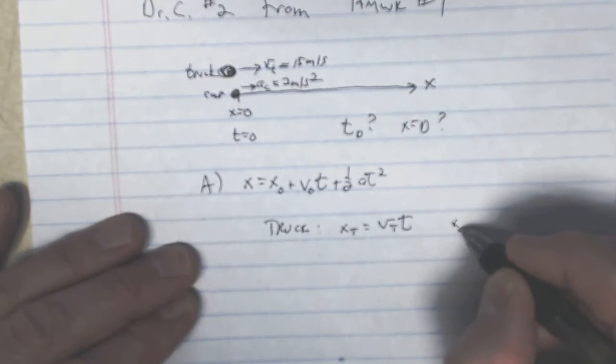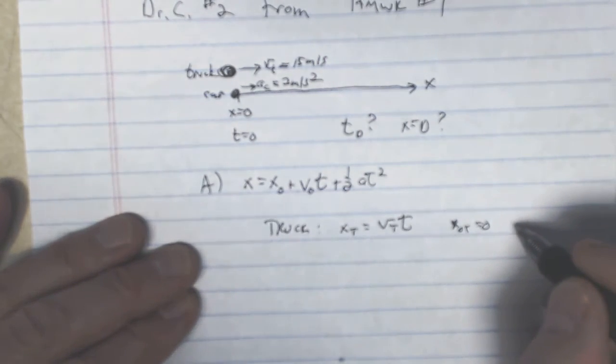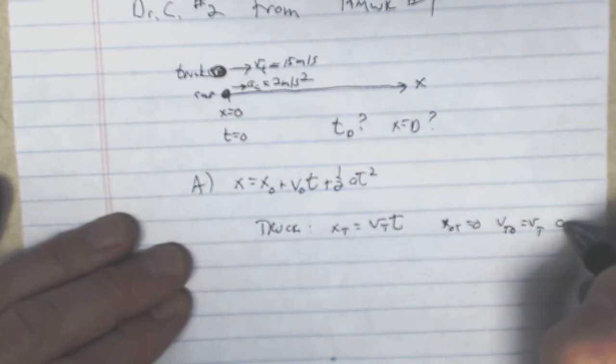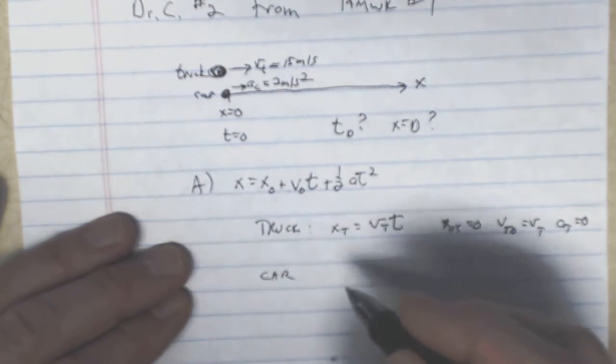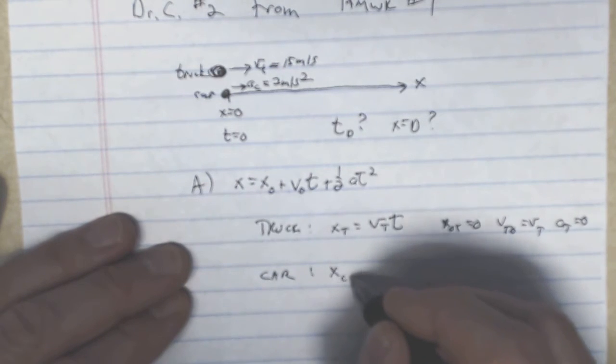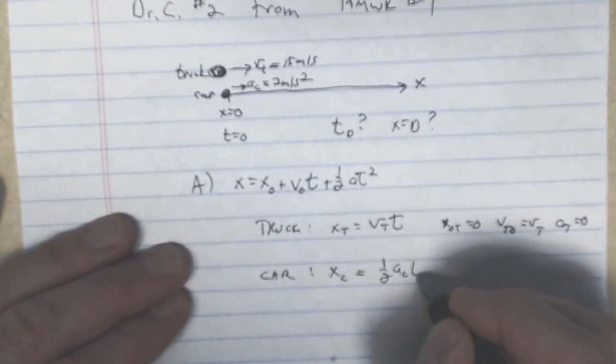That's true because the initial position of the truck equals 0, the truck velocity is just a constant, and the acceleration of the truck equals 0. How about for the car? For the car, its position is just 1/2 a sub c t squared.